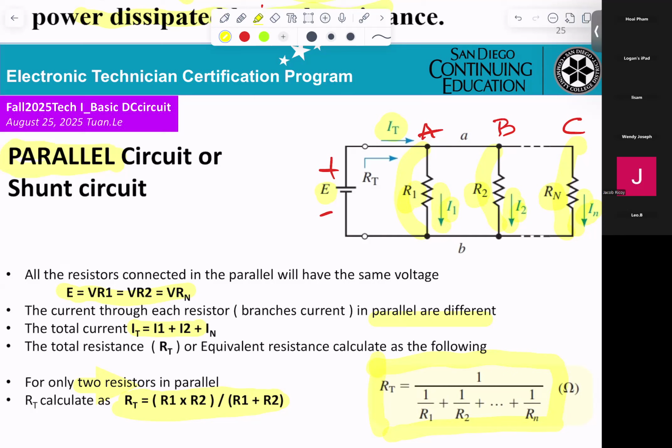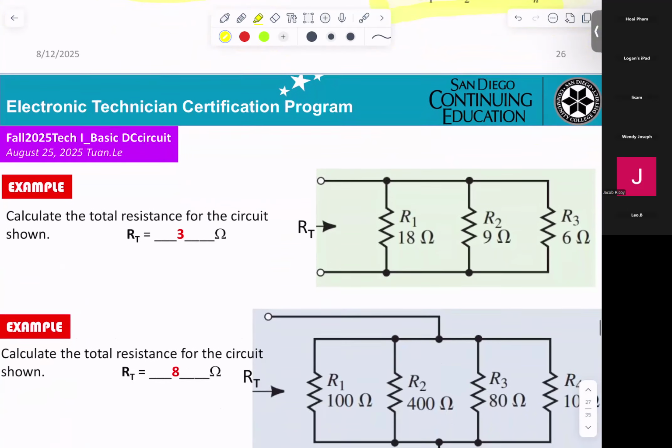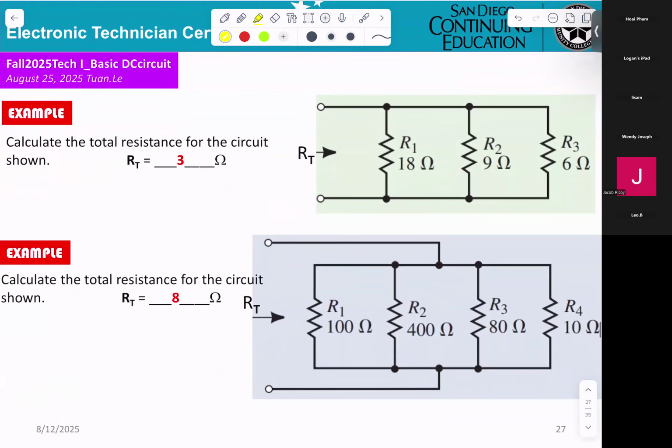You have two types of circuits, series circuit, and now parallel. Now you see, you have R1 parallel R2 parallel R3. Now they want to get the R total.